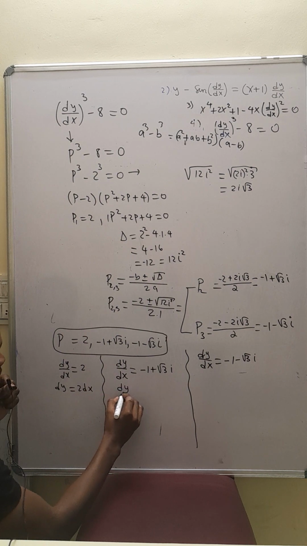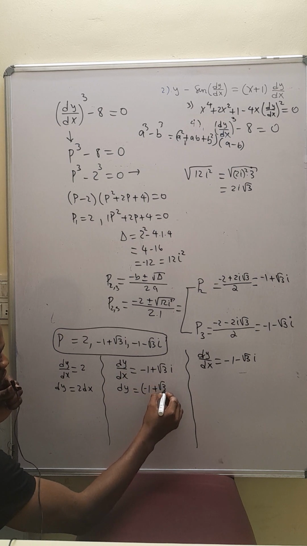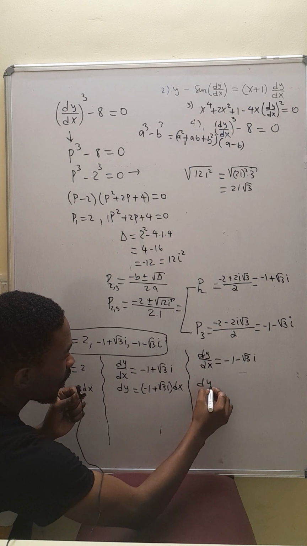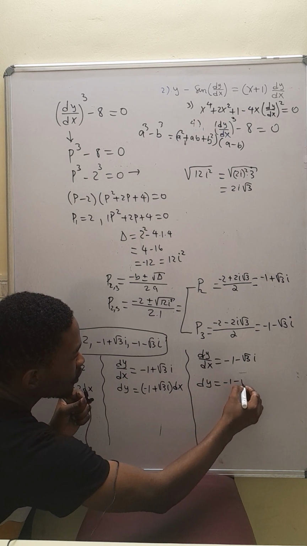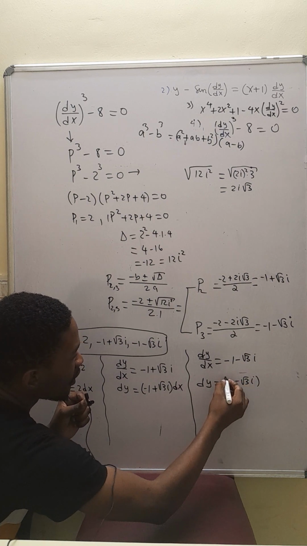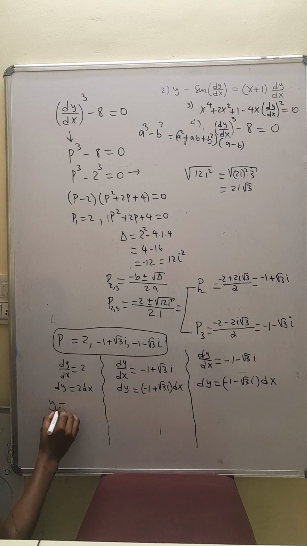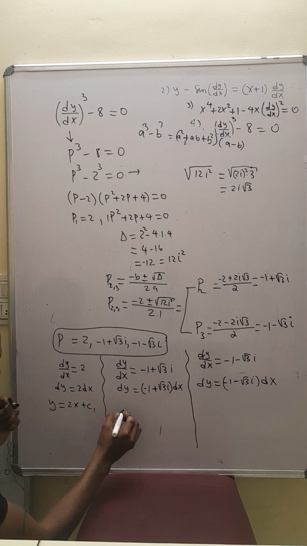And here also dy is equal to minus 1 plus root 3i dx. And here dy is equal to minus 1 minus root 3i dx. So y is equal to 2x plus c1.